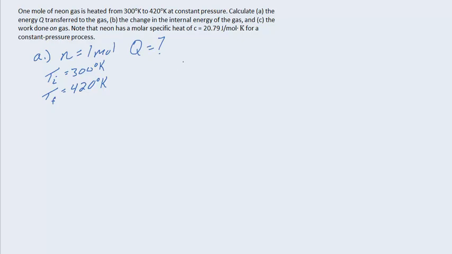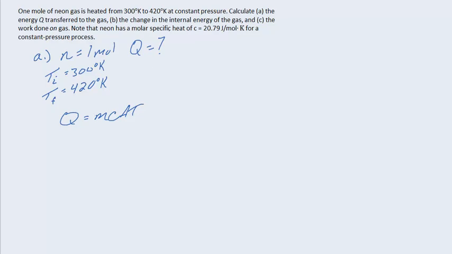Well, we're given the equation that Q is equal to the amount multiplied by molar specific heat times our change in temperature. We're given a change in temperature, our molar specific heat is given to us, but our mass is unknown.